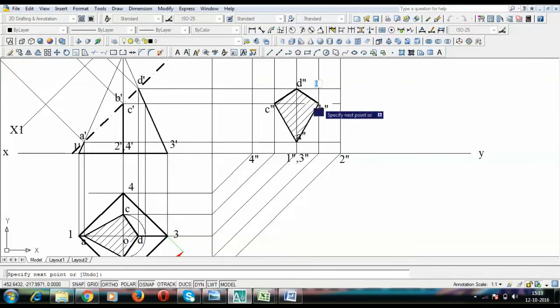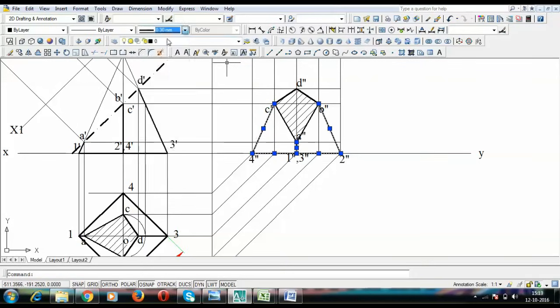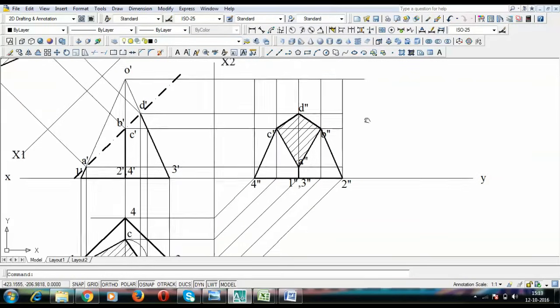Now let us join these points, from A double dash to 1 double dash. Now let me darken this up. The portion which lies immediately below the cutting plane has to be darkened, and the one above the cutting plane should be left as it is.